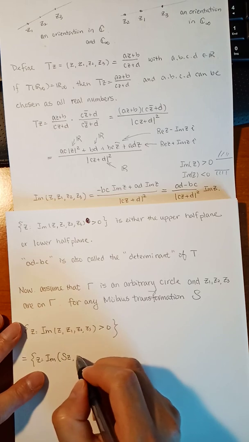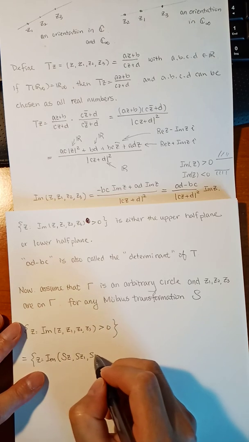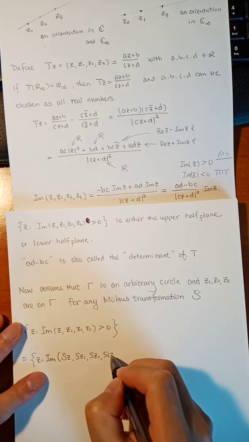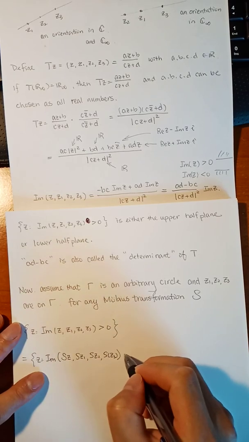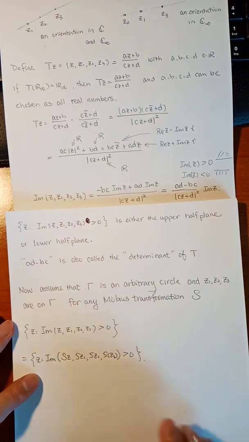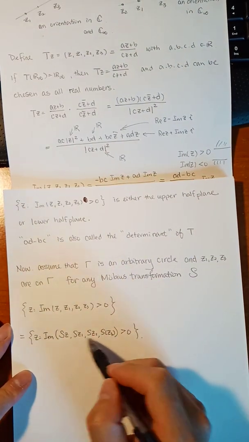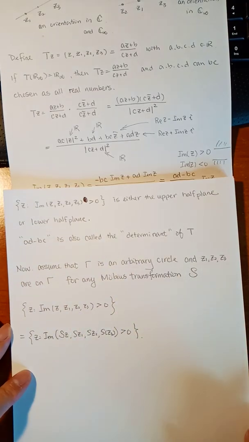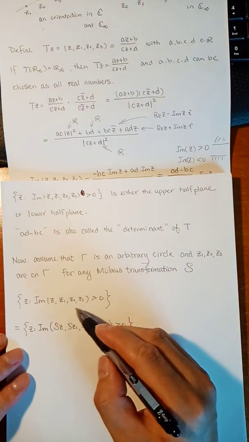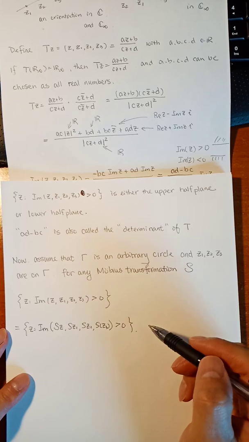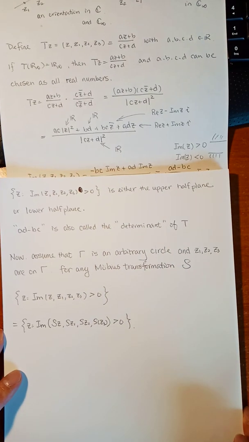So you put S of Z, S of Z1, S of Z2, S of Z3 greater than 0. Okay, so this is exactly the same thing. You can compute S of Z and the cross ratio, or you can directly compute the original one. They have the same value, of course, the same imaginary part.